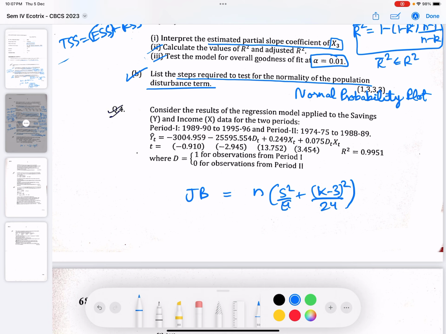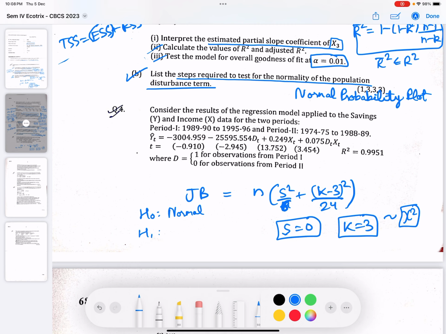This is 4 or 6. So skewness should be 0. Kurtosis should be 3. And this follows the chi-square. And if the value is closer to 0, our null hypothesis in this case is that the disturbance term follows normal distribution.